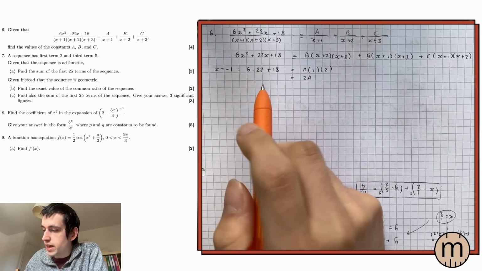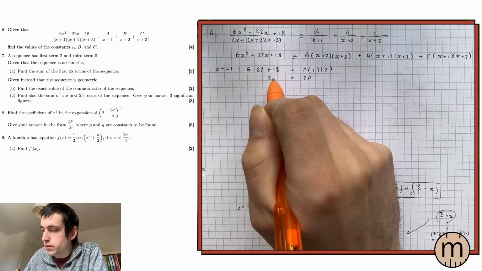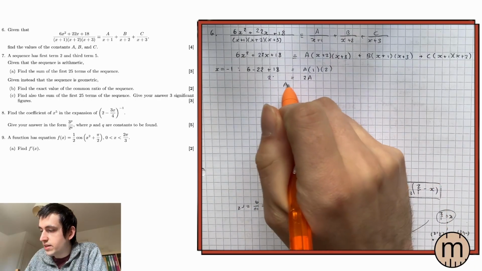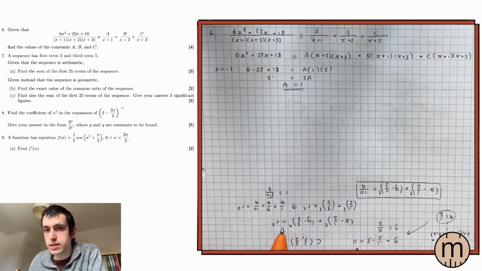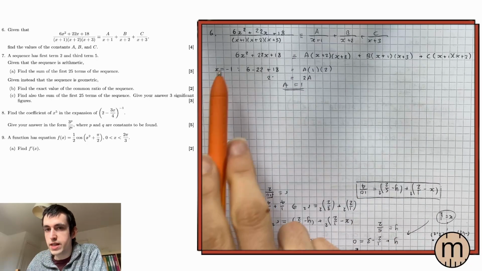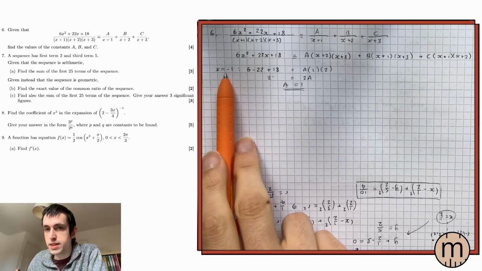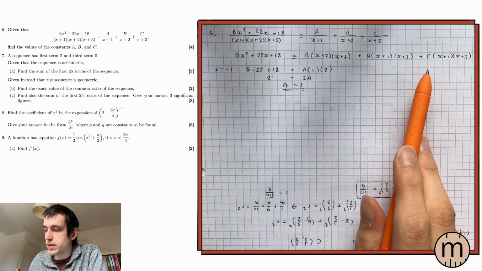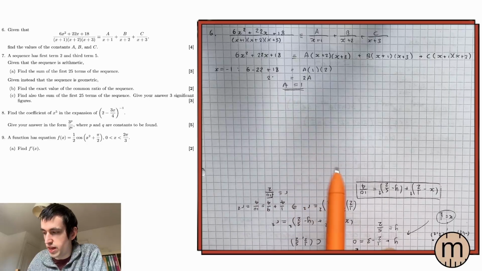And over here, we're going to have 24 minus 22, which is just 2. And then that tells us that A is going to be equal to 1. So we find the value for which the denominator is 0, sub it in everywhere. Most of the time, lots of things will cancel out, rearrange to get the value of the letter.